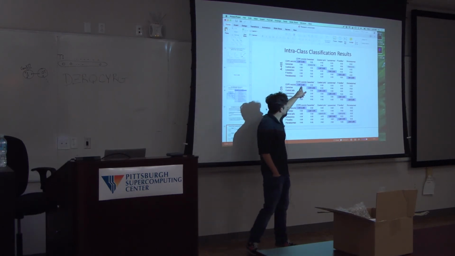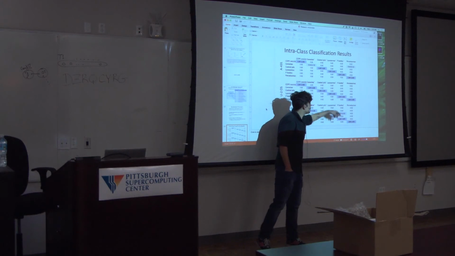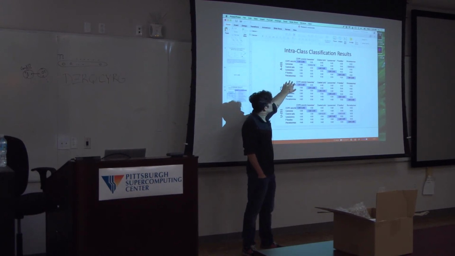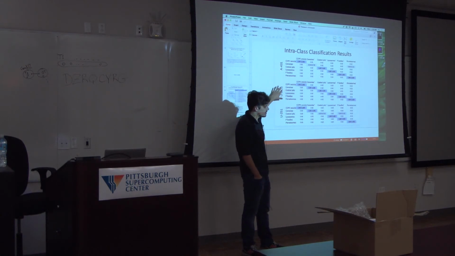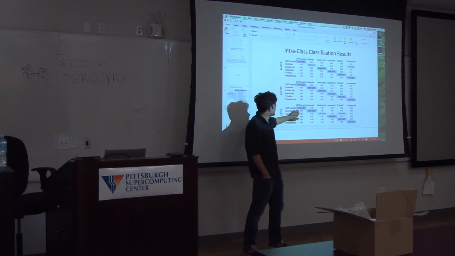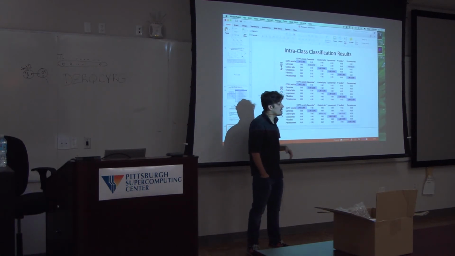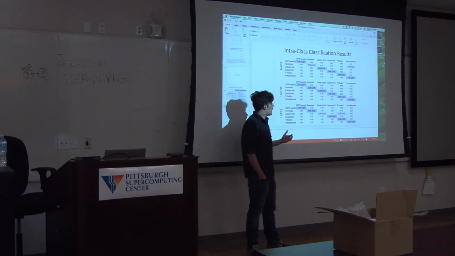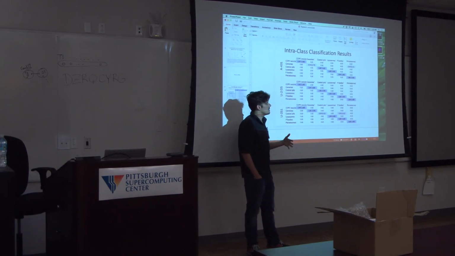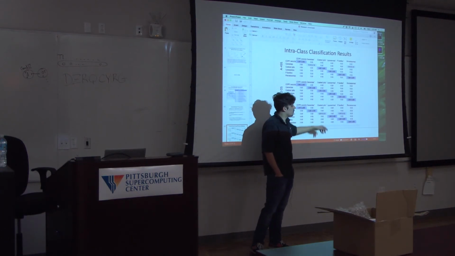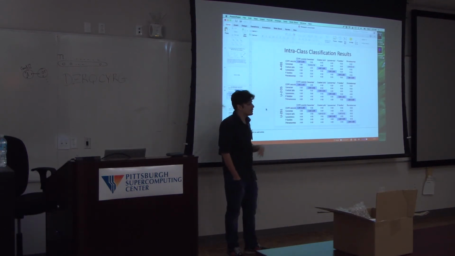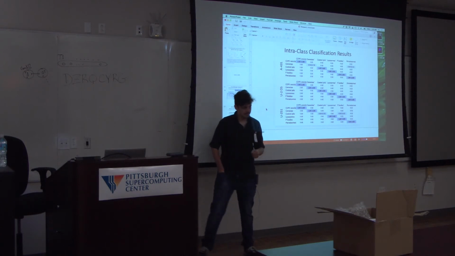You can see that we have a strong diagonal across all of the cell types, meaning that given this basis set, we can distinguish between the individual patterns with a high degree of accuracy.